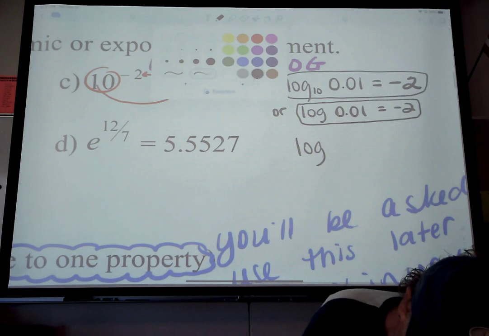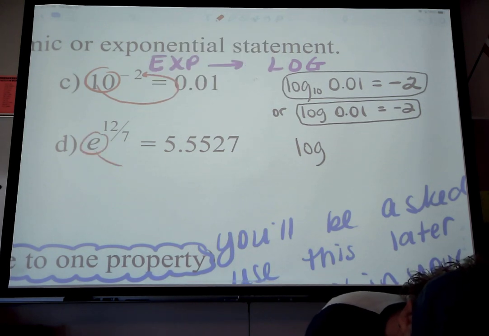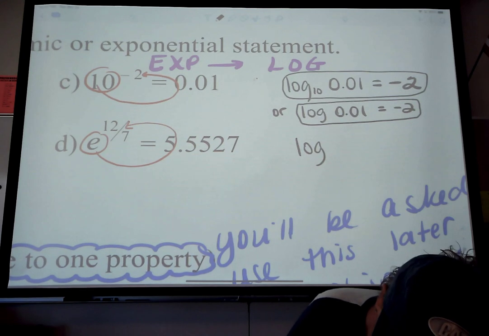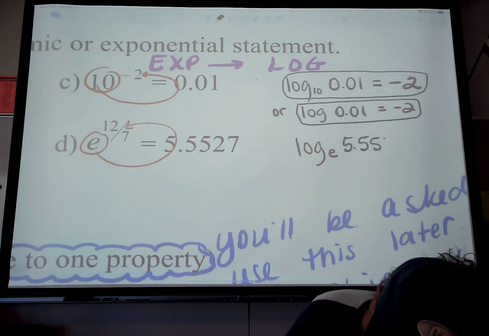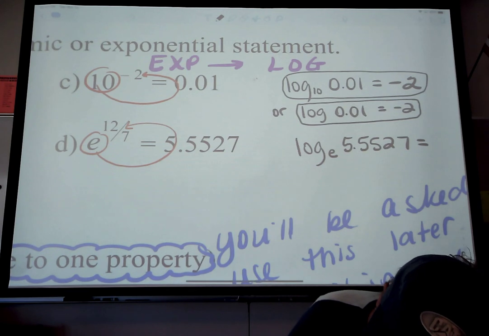Next one. Start with the base, swirl around. Log base e of 5.5527 equals final answer.